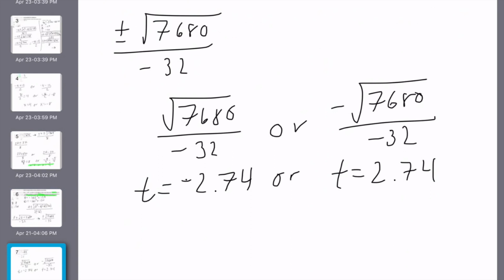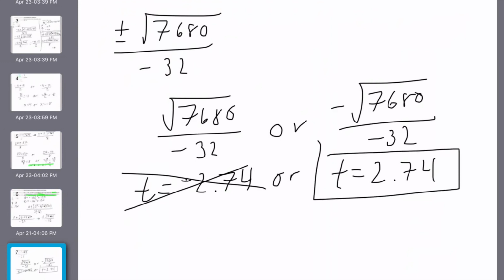There's physically not a way that we can have negative 2.74 seconds. So this answer of negative 2.74 is not realistic in the context of my problem. So I can eliminate that answer and say with confidence that it's going to take roughly 2.74 seconds for a person to fall from 123 feet down to 3 feet. Okay?